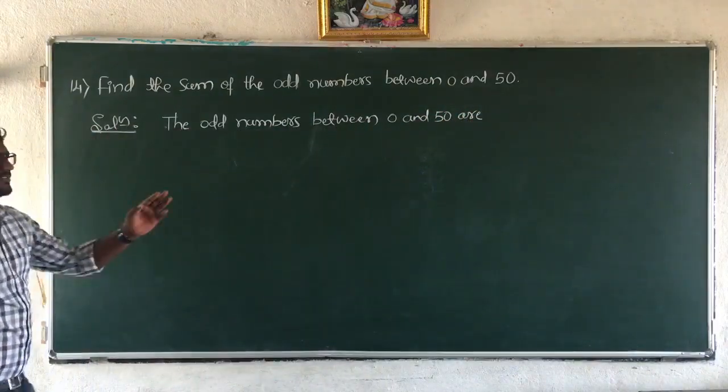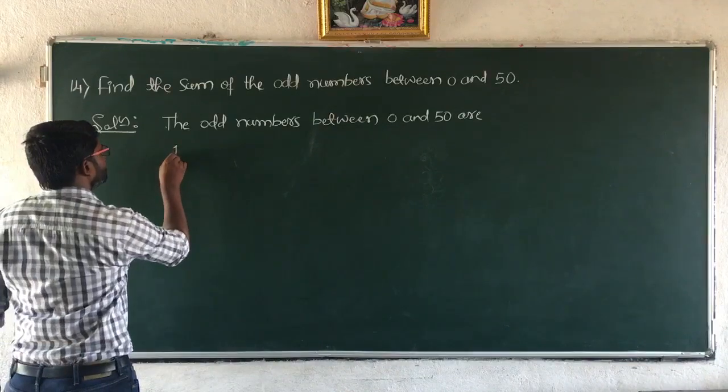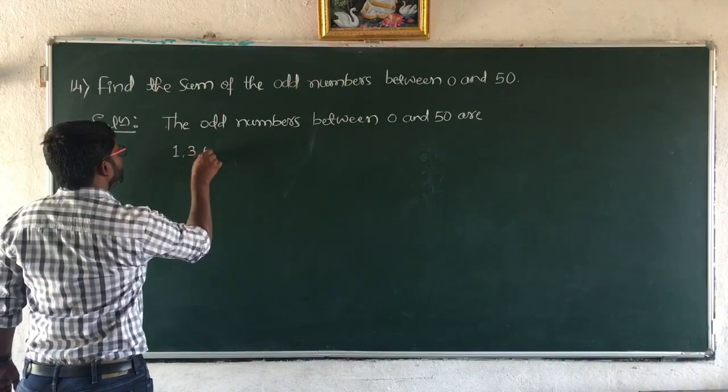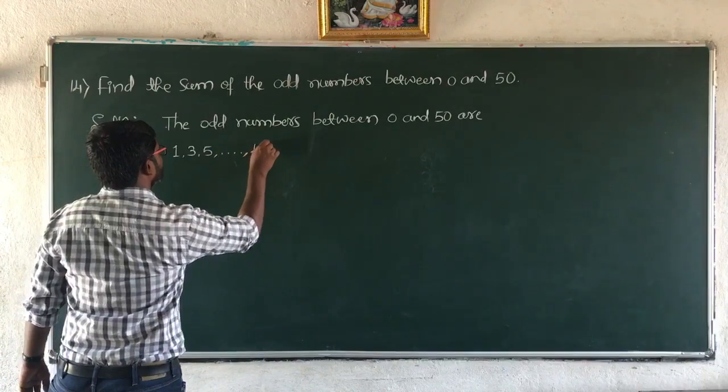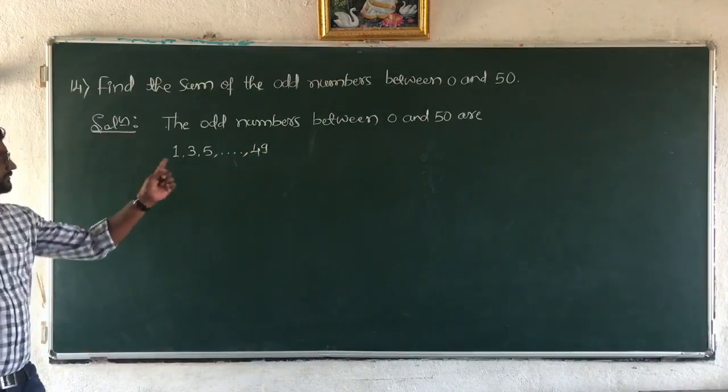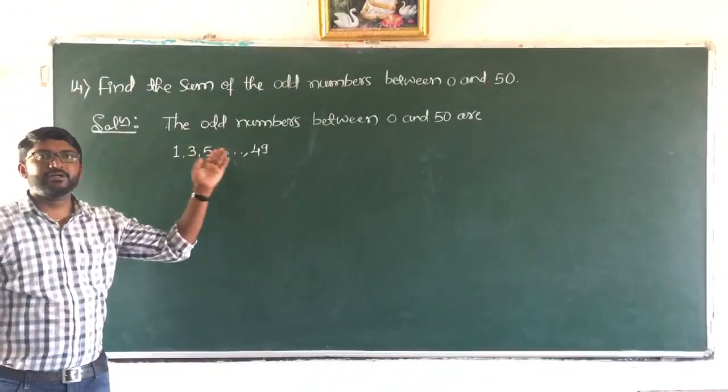What are the odd numbers now? 1, 3, 5 and so on up to 49. These are the odd numbers.